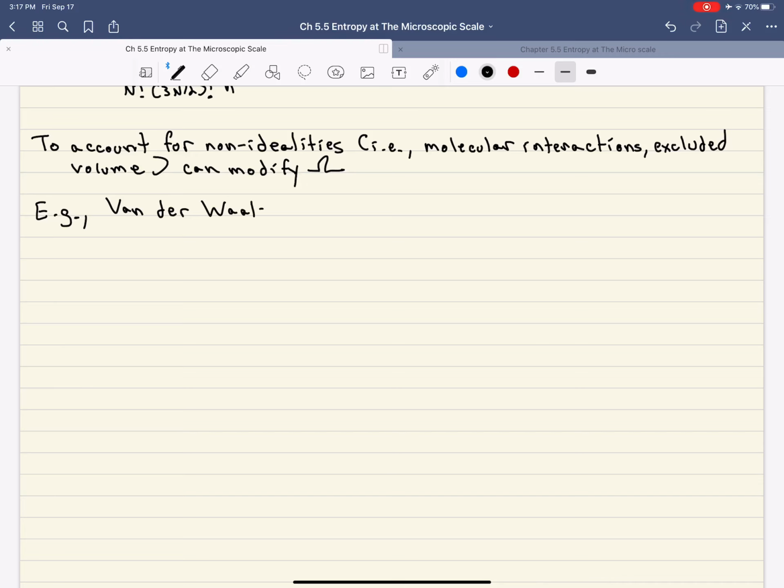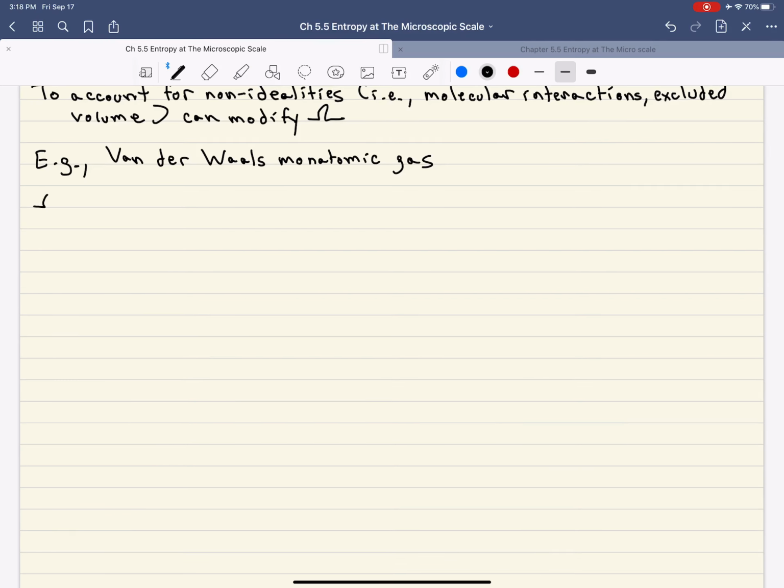So one fairly simple non-ideal model is the van der Waals model. So this is for a monatomic gas again, so argon or helium.